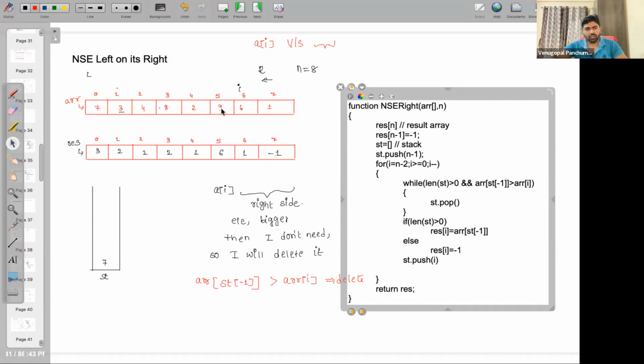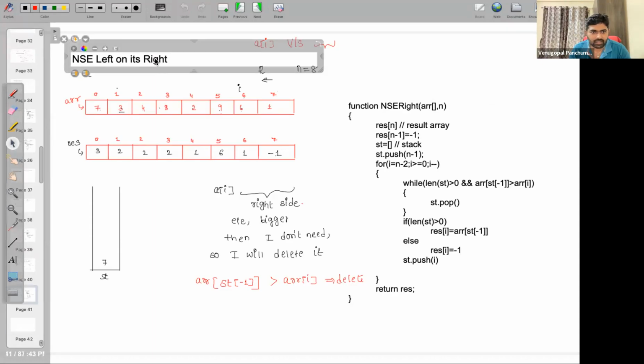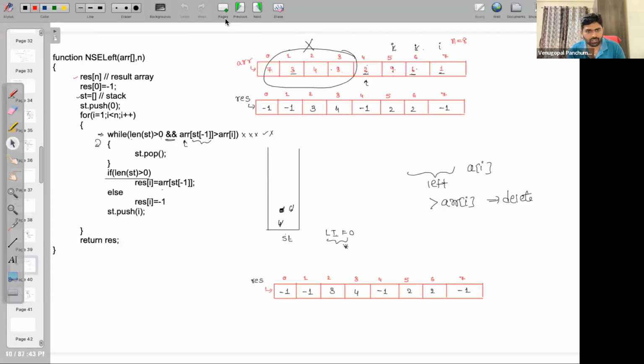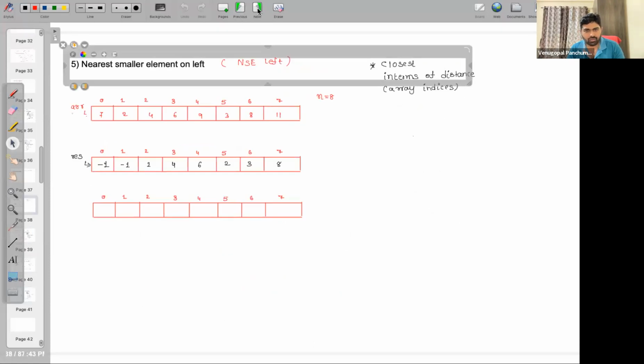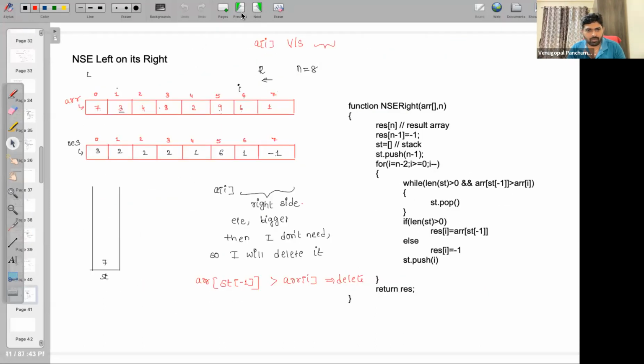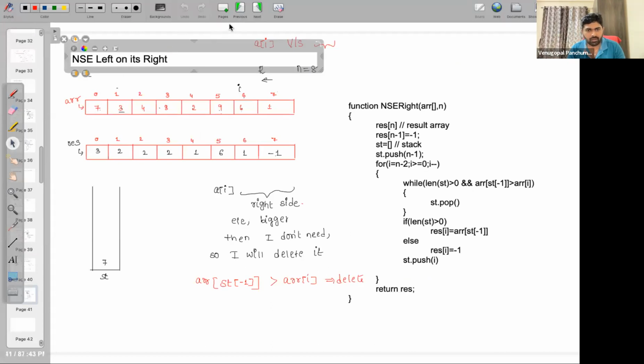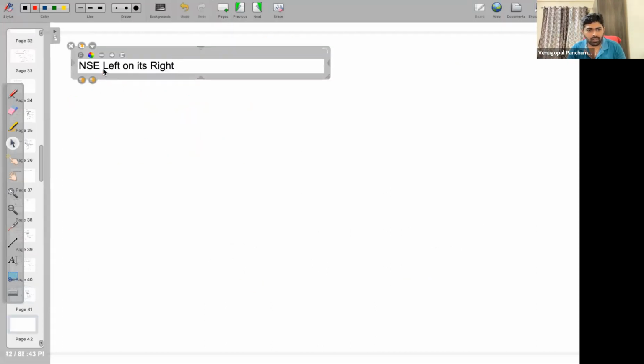Okay, so 2 problems are over. Let me explain the third problem. The first question was nearest smaller element on the left. This time the next problem will be nearest greater, and first we will talk about its left.